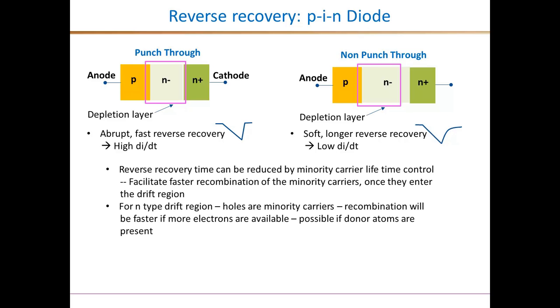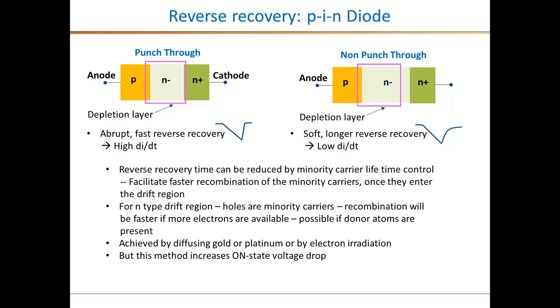For the N-type drift region, as the one that we are considering here, the holes from the P plus region are the minority carriers, and the recombination will be faster if more electrons are available. So that's if more donor atoms are present. And this can be achieved by the process as indicated here. But the net result is that they still end up increasing the on-state voltage drop.